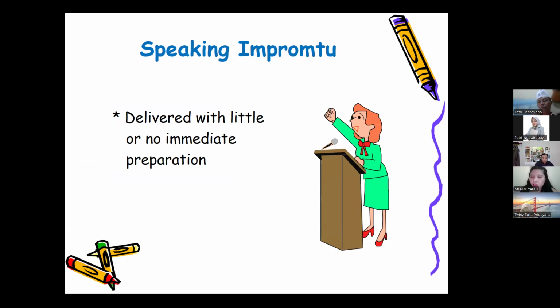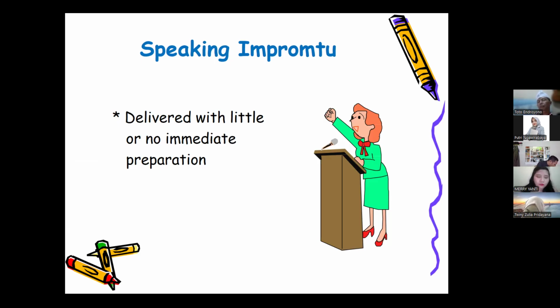Next slide. Impromptu is talking with little or no preparation or script, thinking of your ideas immediately as you speak. For example, in the classroom the teacher says, "Can you stand up and tell us what you did during the holiday?"